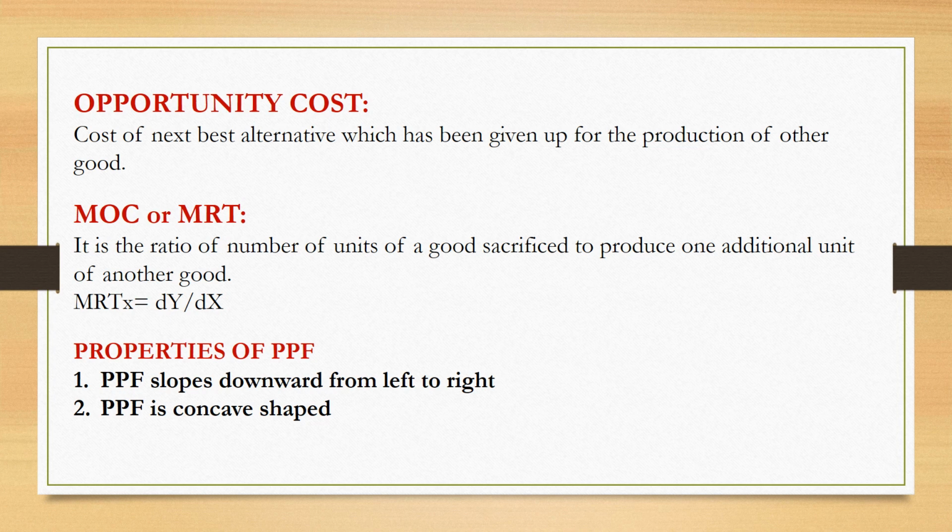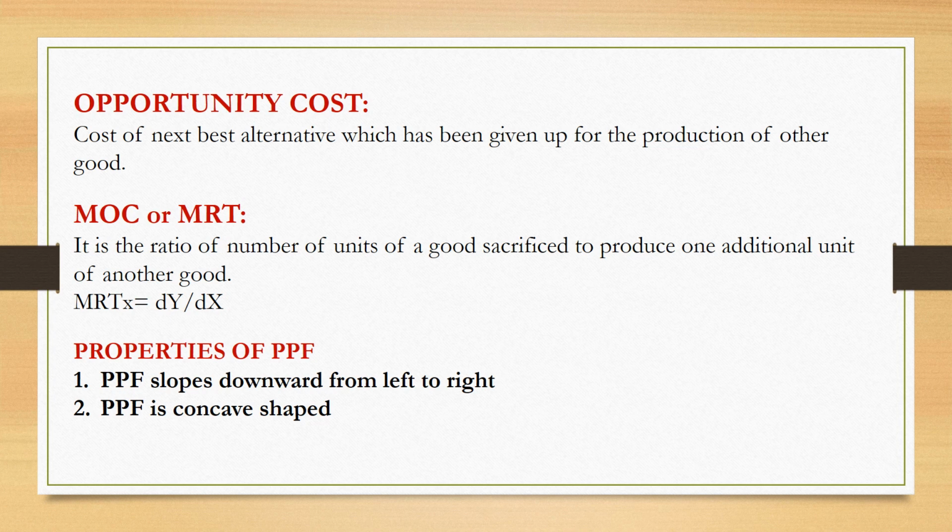In our table, we have seen that when we are increasing the production of good X by 1 unit, from 1 to 2 units, we need to sacrifice 2 units or 1 unit of good Y. When 2 to 3, we are sacrificing 3 units of good Y. When 3 to 4, for 1 unit of X, we are sacrificing 4 units of good Y. So the rate at which we sacrifice is called marginal opportunity cost or marginal rate of transformation.